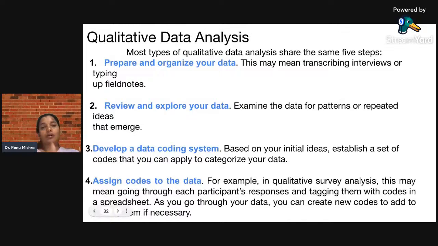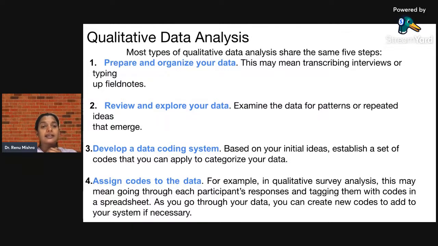Now, further, how do you analyze that data? You have collected it, okay? Now, how to analyze that? Firstly, you collect your information. Let's say you conducted an interview, whatever responses you got from your respondents, you collect that. Now, see if there is any repetition in those responses.